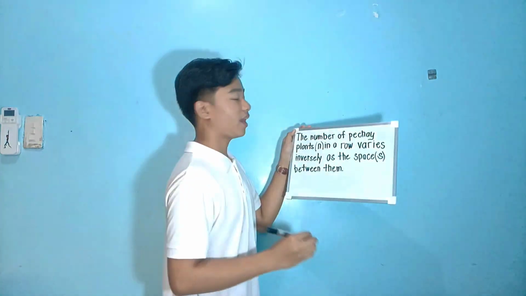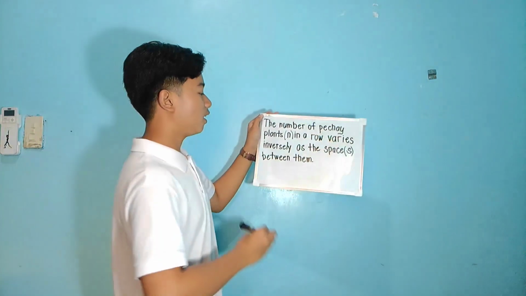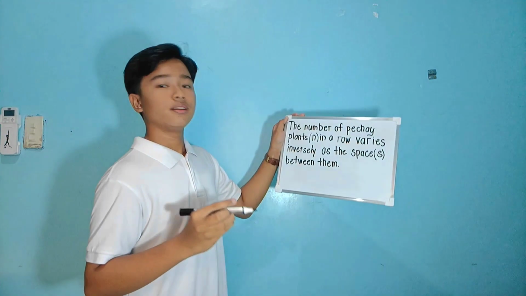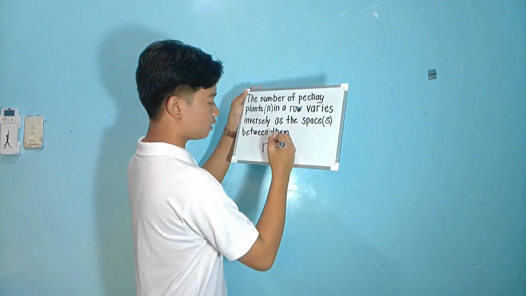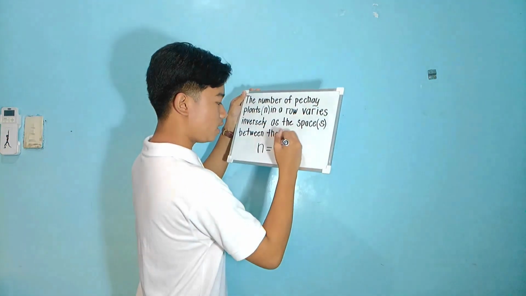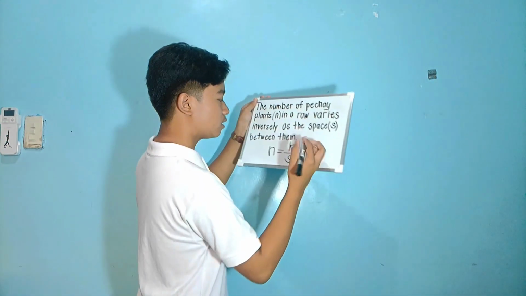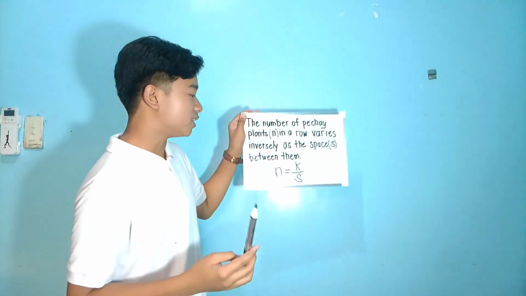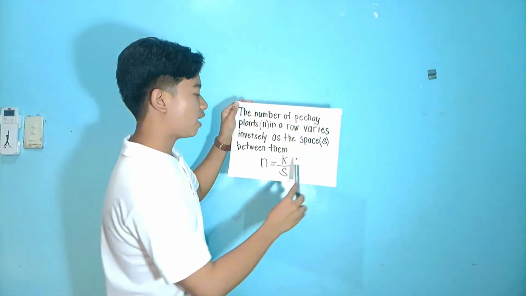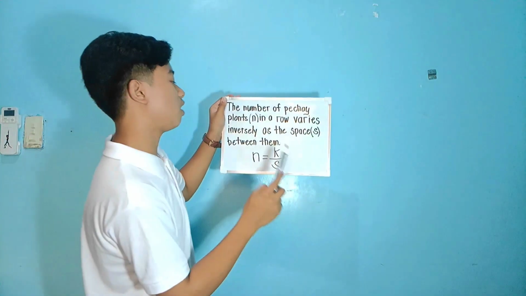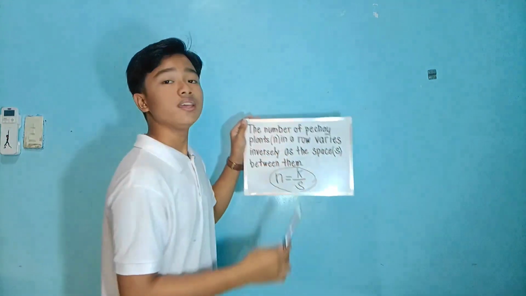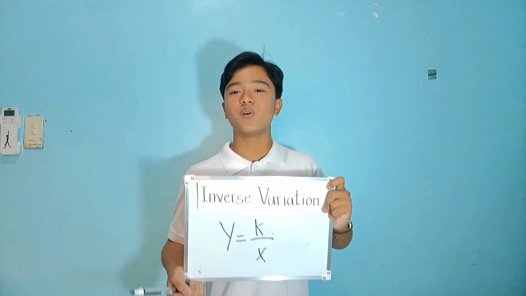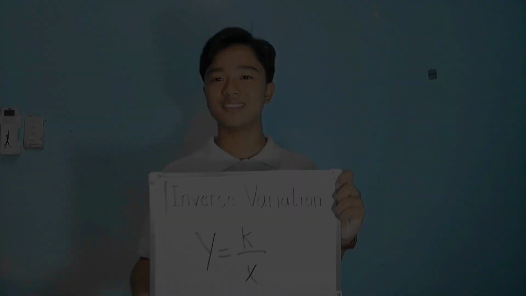If I translate it into a mathematical sentence, it will be n equals k over s. What did you notice? I used k as the constant of variation. This is the mathematical sentence in inverse variation. I hope you understand what inverse variation is.